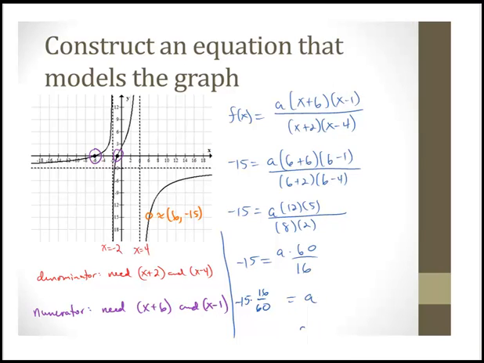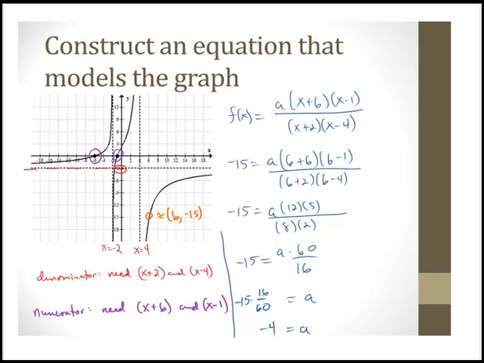So we find that a is negative 4. Now let's look at this for a moment. Notice that I have this horizontal asymptote at negative 3. So I'm thinking that the negative 4 is close, but I'm thinking negative 3 is probably a better choice.